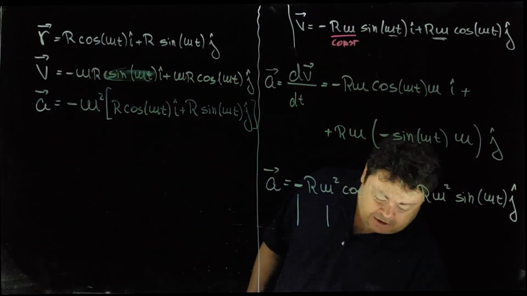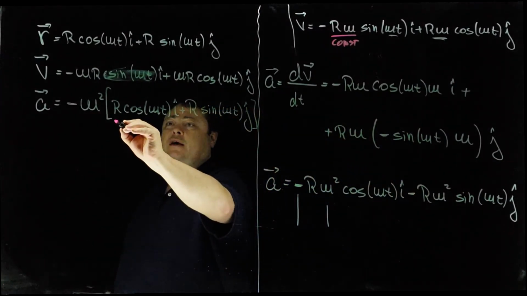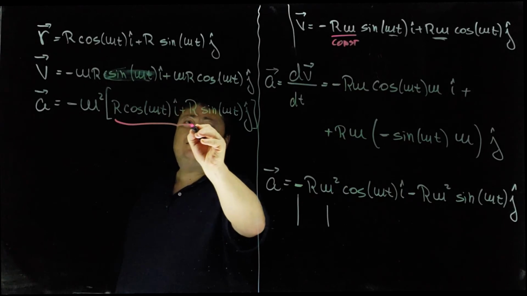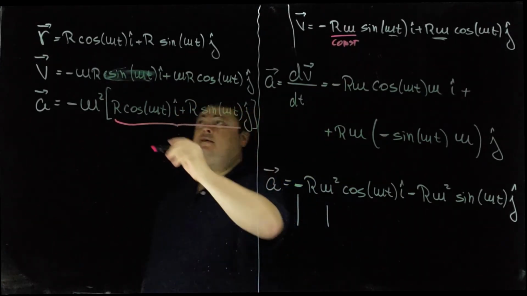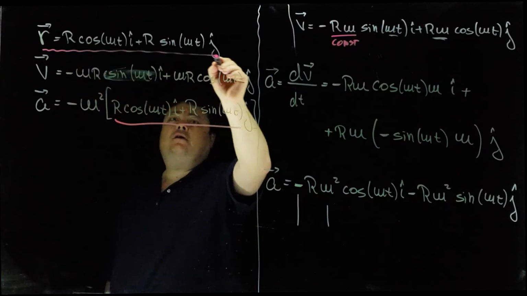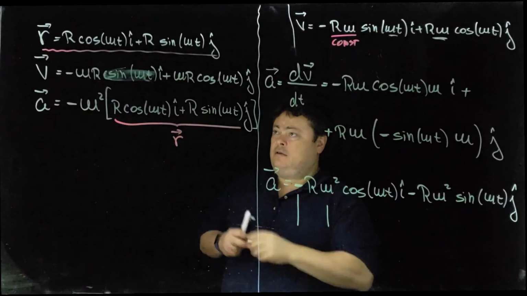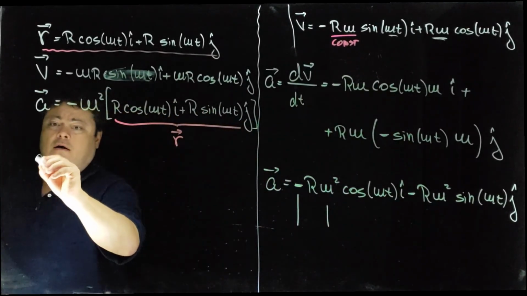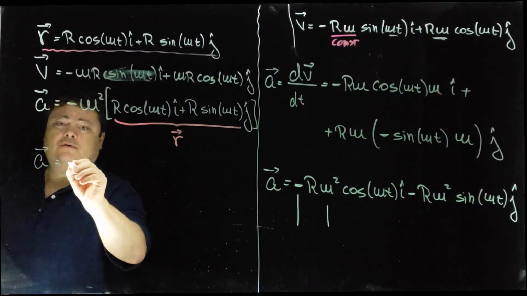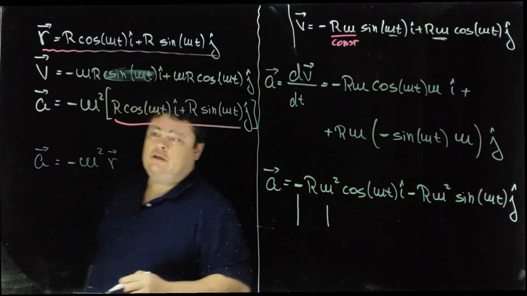Now, we can identify that r cosine omega t i hat plus r sine omega t j hat is actually my vector position r. And then this equation now can be written as the centripetal acceleration equals negative omega squared r.